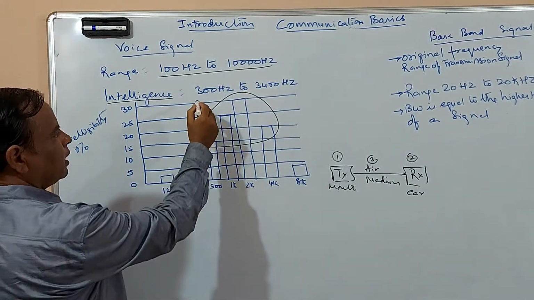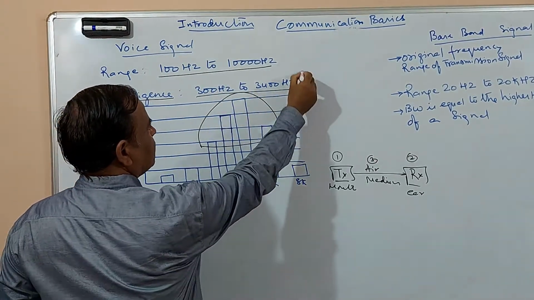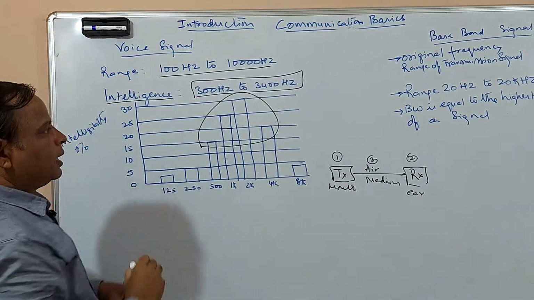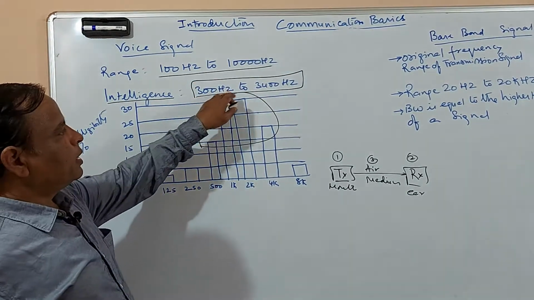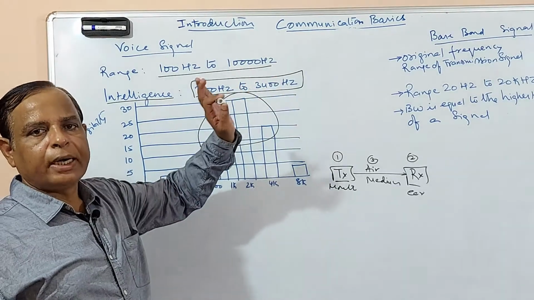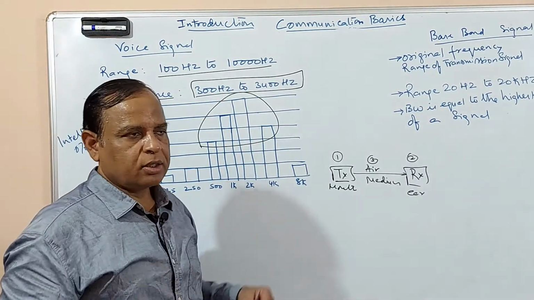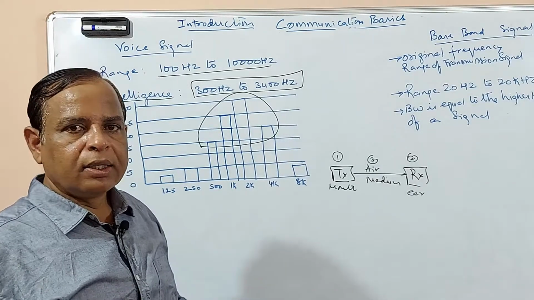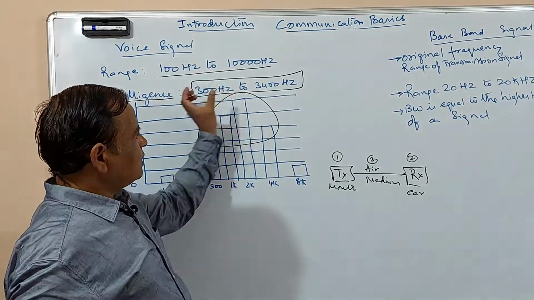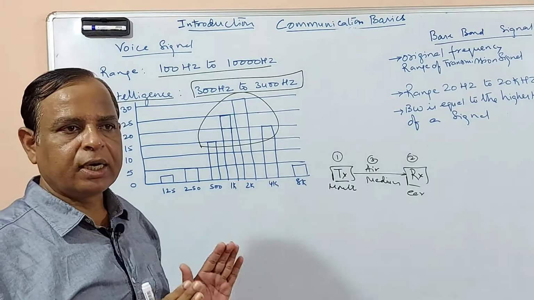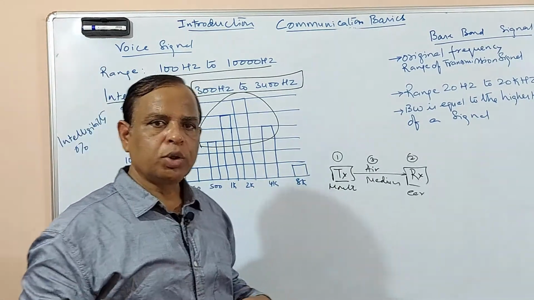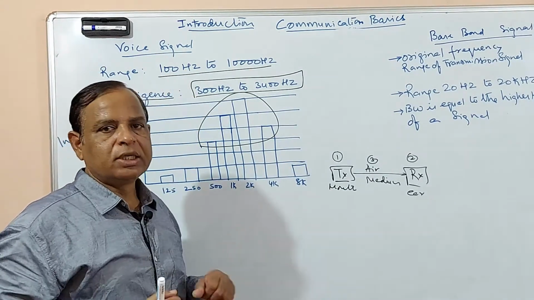That's why it is mentioned that most of the intelligence lies in the range of 300 hertz to 3400 hertz. In communication, if you are able to handle this range of frequencies very efficiently, the receiver will be able to reproduce the original signal.